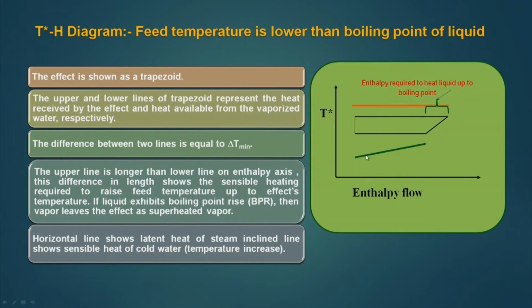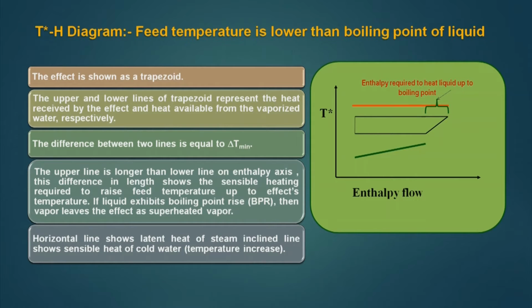This basically shows a single effect evaporator where the feed temperature is lower than the boiling point. It will work under these temperature levels. So, I can cram more evaporators within these temperature levels, or I can operate a single evaporator.